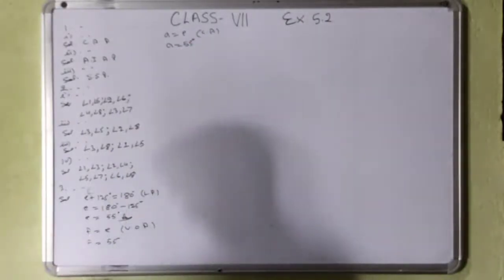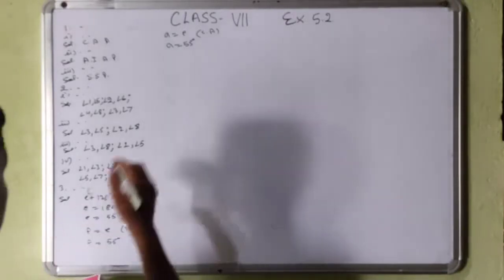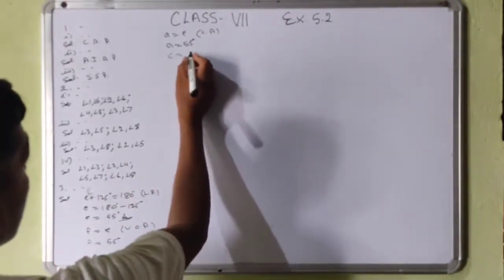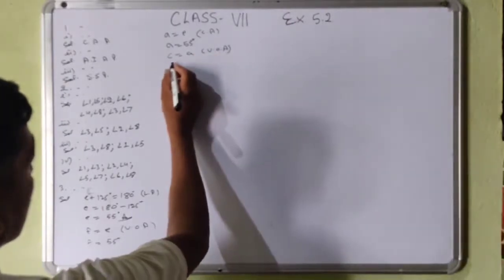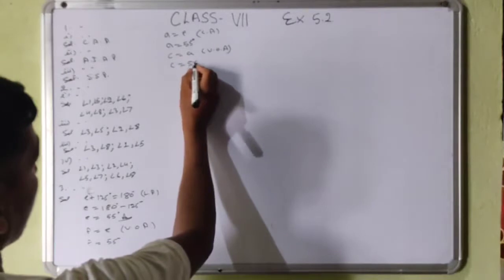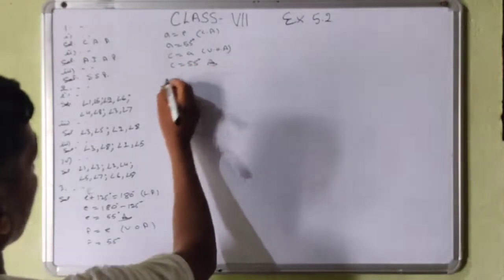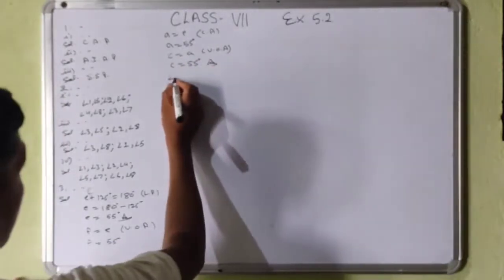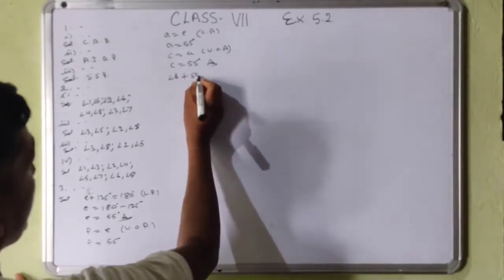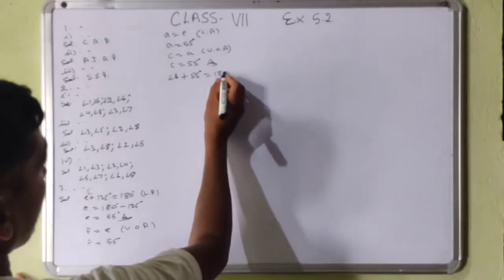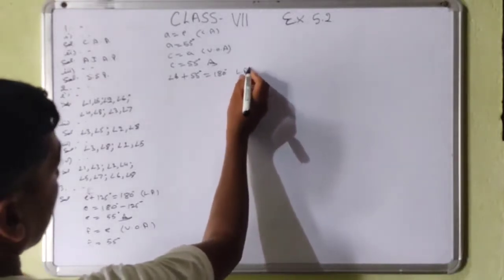Then angle C is equal to A by vertically opposite angles, so C is equal to 55 degrees. Angle B plus 55 is equal to 180 degrees by linear pair.